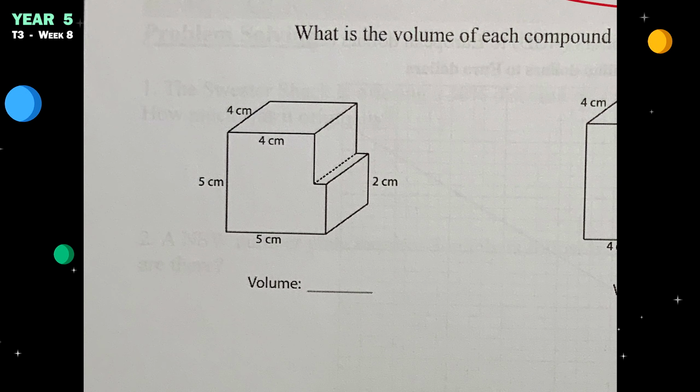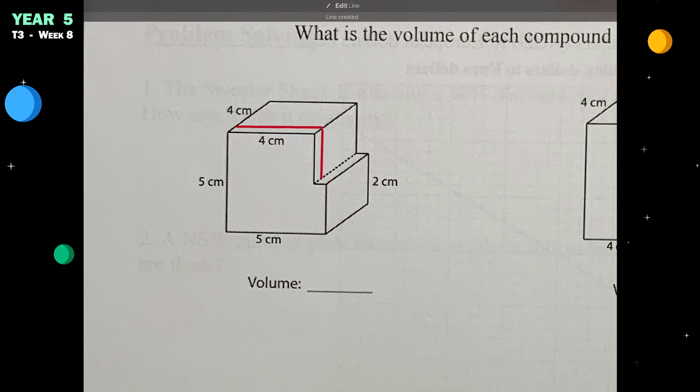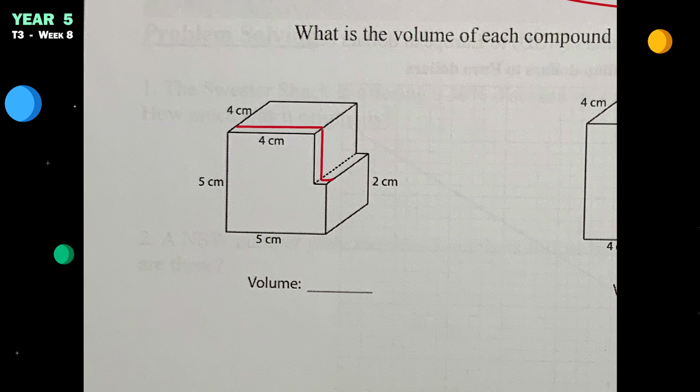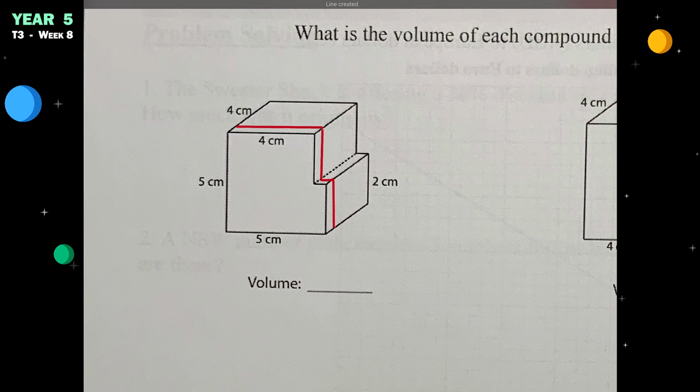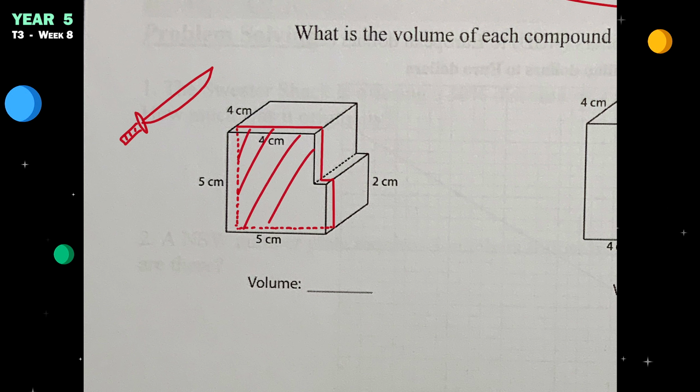For the cross-section area, you look at this shape and ask which way can I cut it so that I'll always get the same face? If you cut it this way, you'll always get the same face. So there's your uniform cross-section area. If you cut it with a knife like this, you get the same face, and you see the same shape there.